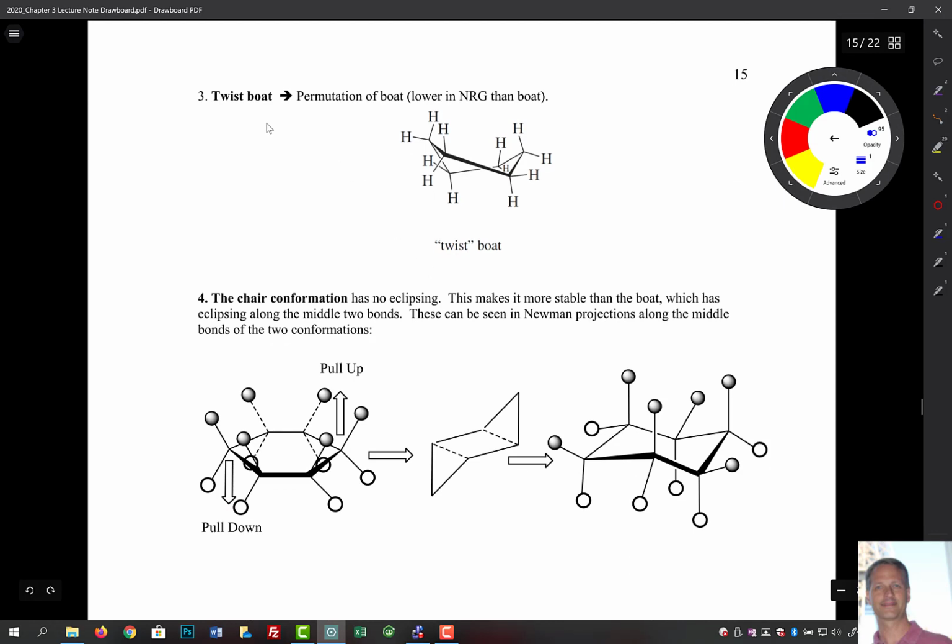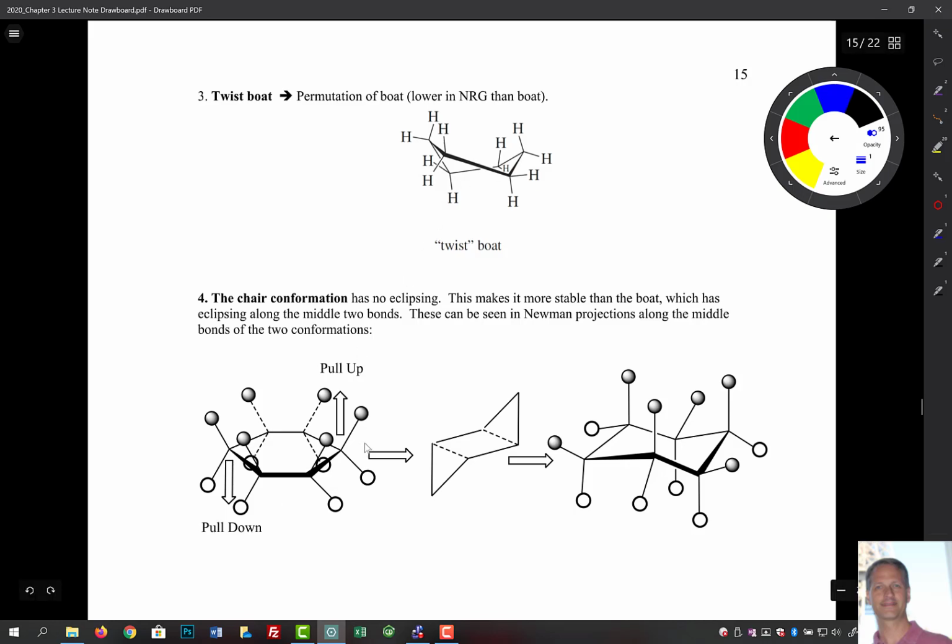Now, one of the things we can do is take that boat, grab this atom and this atom of our boat, and give them a twist, twisting them in opposite directions.